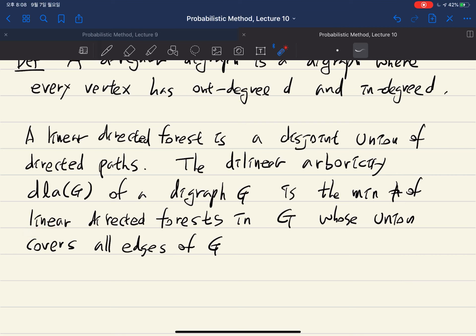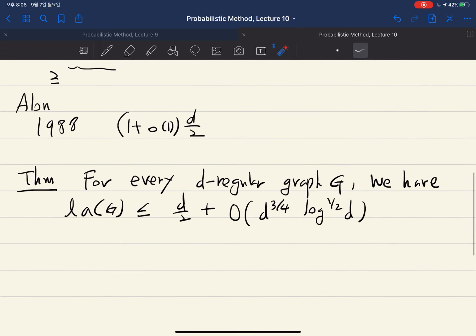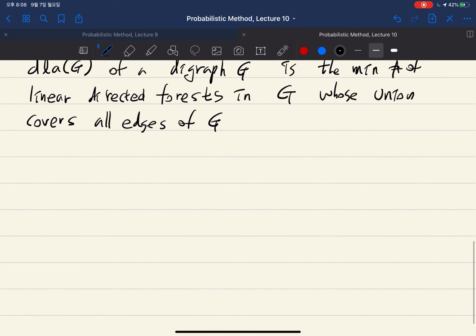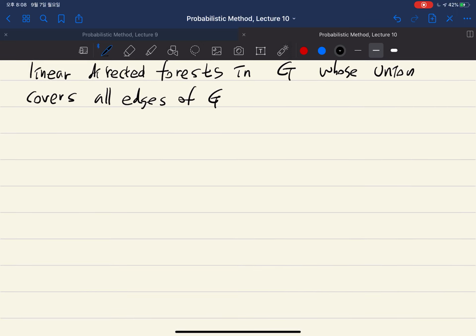Both are equivalent, because if you have a linear forest or a linear directed forest and delete some edges, it is again a linear forest or linear directed forest.